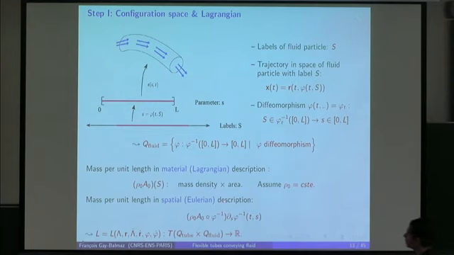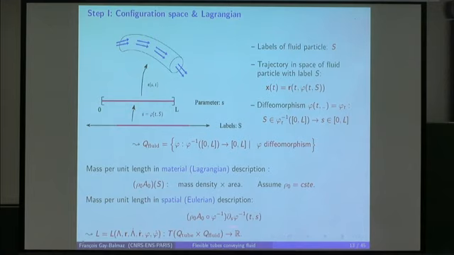So the constraint, I will wait a little bit before the constraint. What I need, in addition to this configuration map, I need also the mass density of the fluid. So the mass density of the fluid is transported by the fluid motion using this kind of transformation, right?